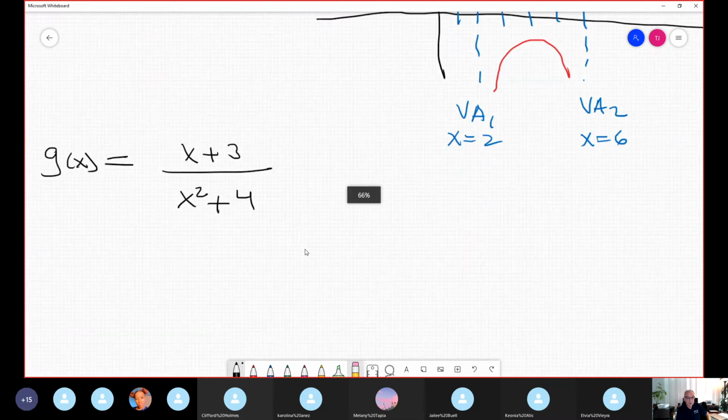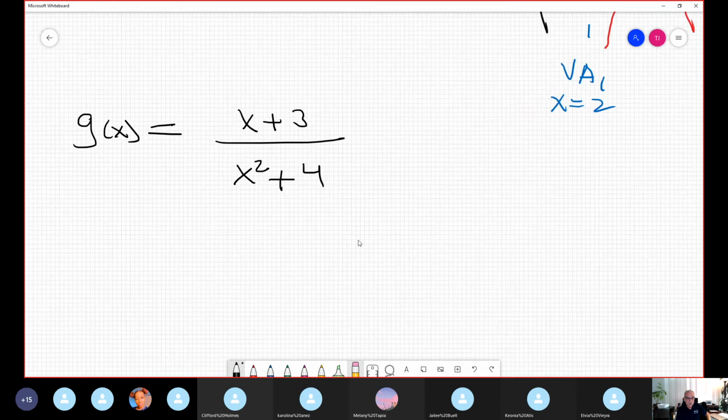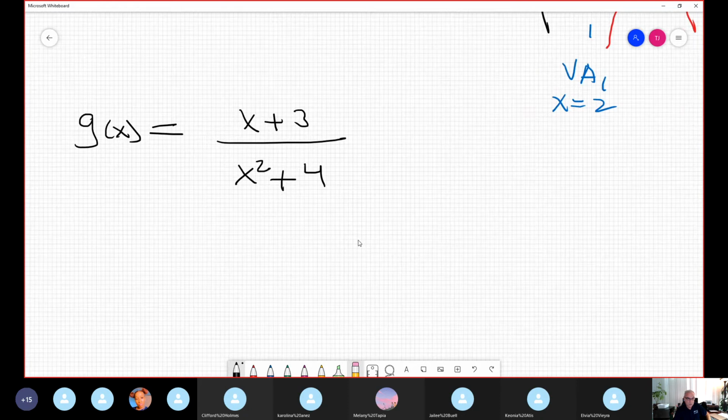Okay, let me try. And the professor says that the factored form is when you factor the polynomial of the top and the bottom.